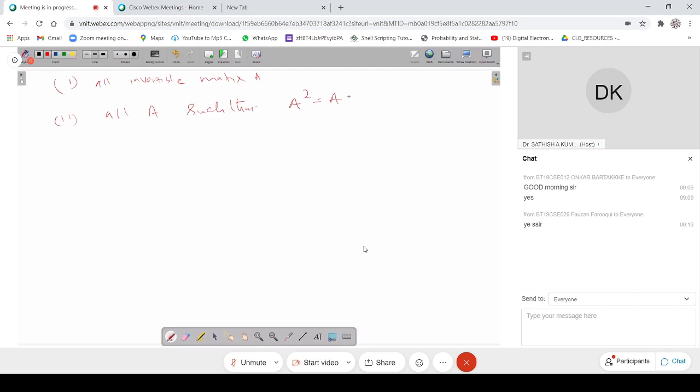Any two matrices, you take some counterexample, because first you see whether it will satisfy or not. Any two examples you take, and then you see whether that forms a subspace or not. That is the thing you have to see.